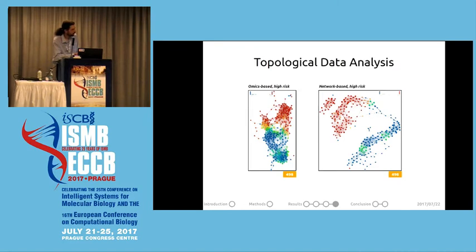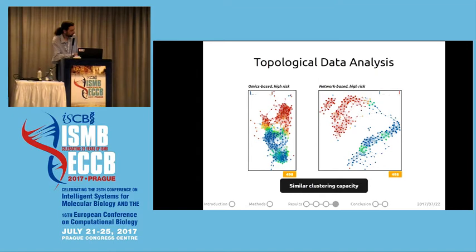Here we have decided to color the nodes according to the disease risk of the patients within the nodes. You can see that in both networks, we are able to cluster the nodes according to their disease risk, because this network on the left is built using the omics data, and this one using the network data.